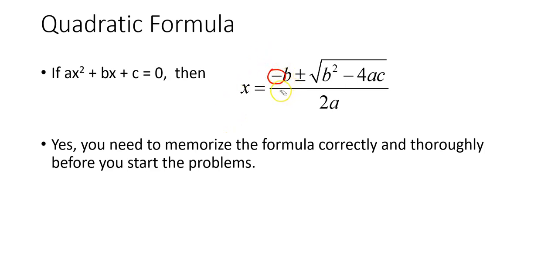I mean, you can call it negative b, but if b is already negative, the opposite of a negative is positive. So I'll often call it opposite b. Plus minus means that there's two solutions. Square root of b squared minus 4ac. And then I usually say all over 2a, meaning that this entire thing, including that opposite b, gets divided by 2a.